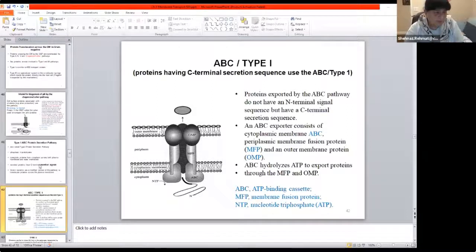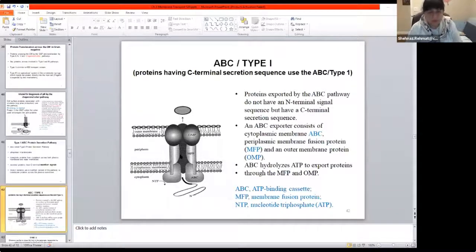So there is a lot of information here. What I want to tell you is that don't get all worried that you have to memorize all of this. The idea is to be able to look at a picture like the one that I'm showing right now and be able to categorize it as to which type it is, what some of its components are, and what an example of it is. The most important thing is in which bacterium and what was being secreted should be an example that you remember.